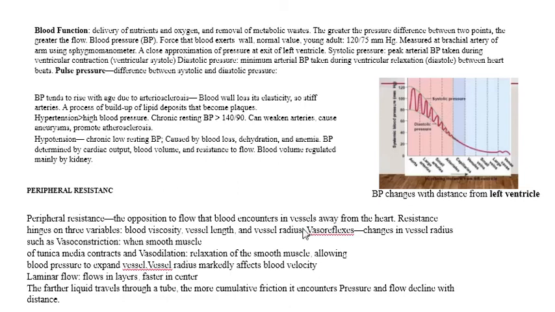Resistance hinges on three variables: the blood viscosity, when there is increased viscosity the resistance increases; the length of the vessel, when the length is long usually the resistance increases with the remote distance; and the radius of the vessel, whether the lumen is large or not.